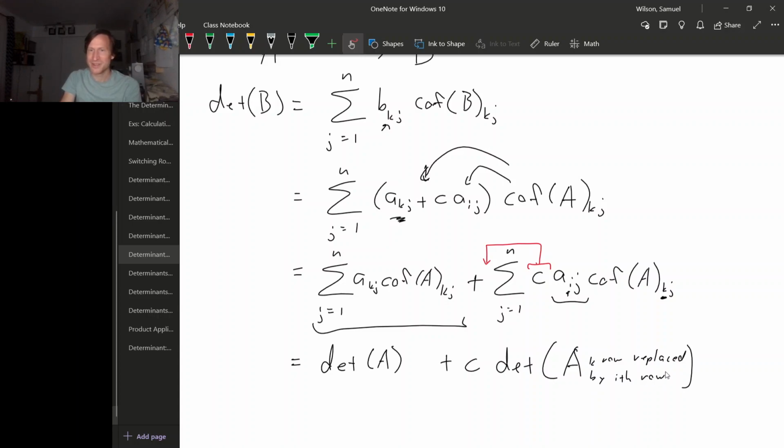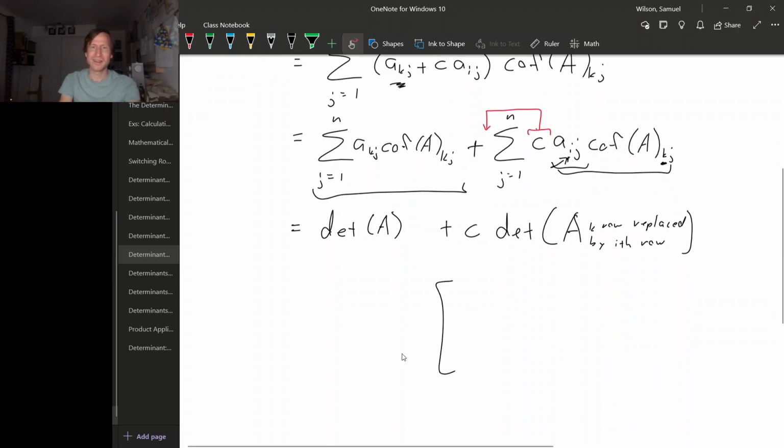Right? For this expression, we didn't add a copy of the ith row to the kth row. We actually just replaced the kth row with the ith row, right? Because it's just a sub ij instead of a sub kj. So what happens to a determinant if you have the same row in two places?